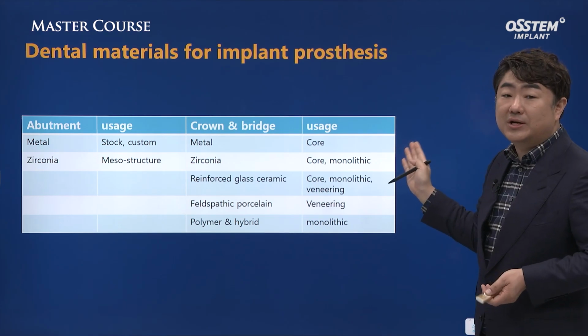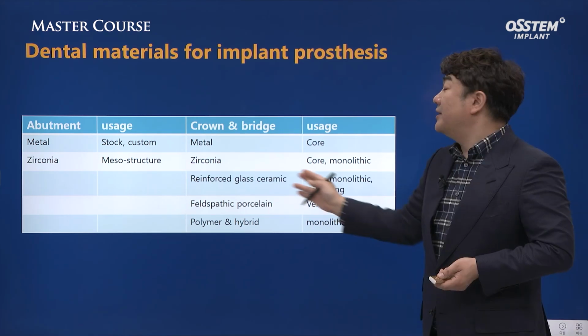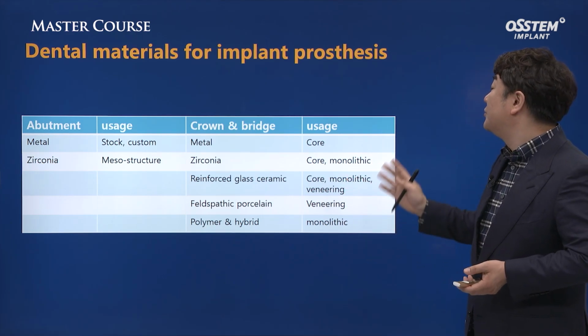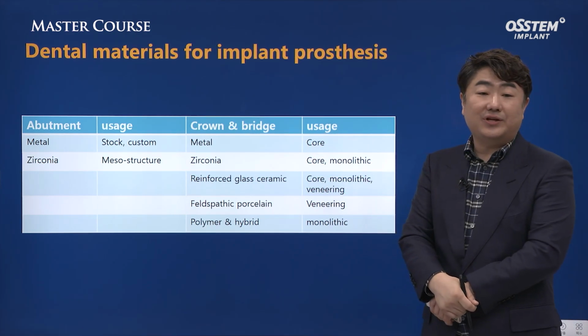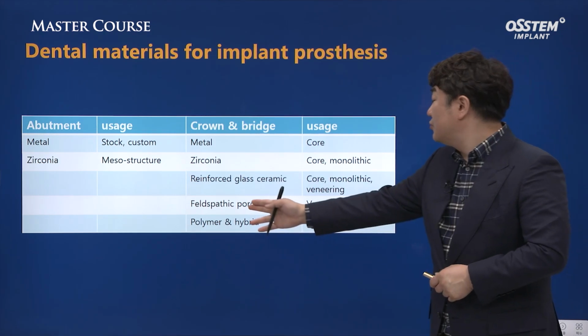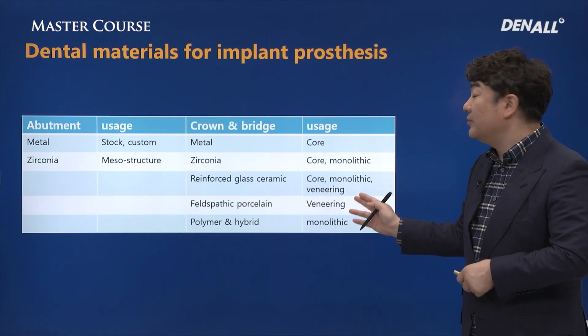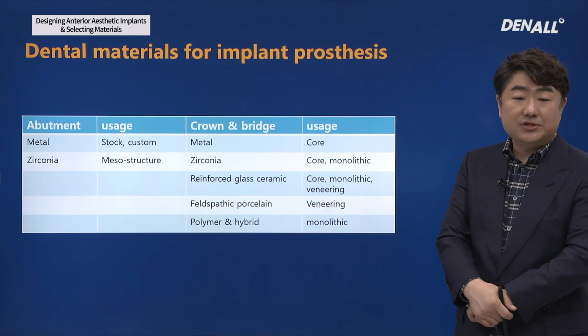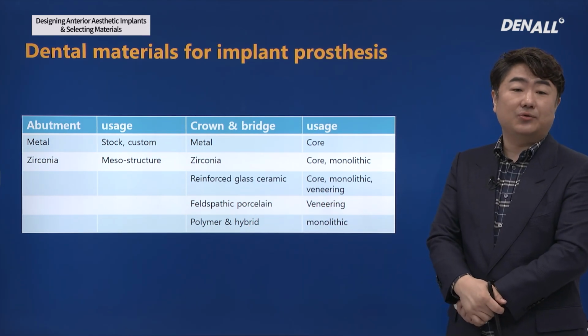As for zirconia, monolithic zirconia can be used, and glass ceramic like Emax can be used for core, monolithic, and veneering for zirconia, albeit less frequently. When aesthetics is important, porcelain powder can be used for layering, and the use of polymer and hybrid is gradually increasing.